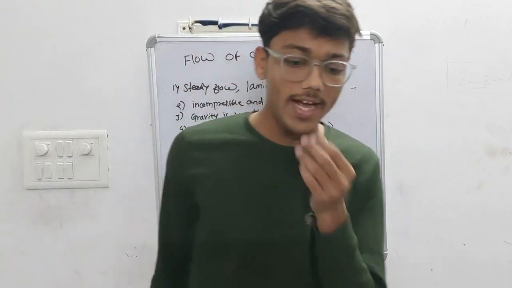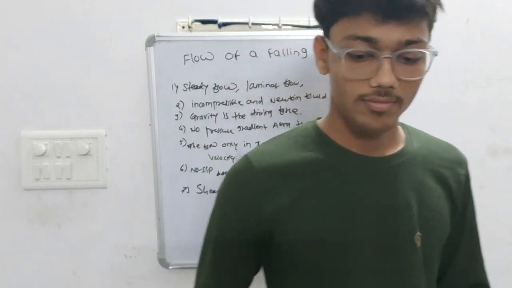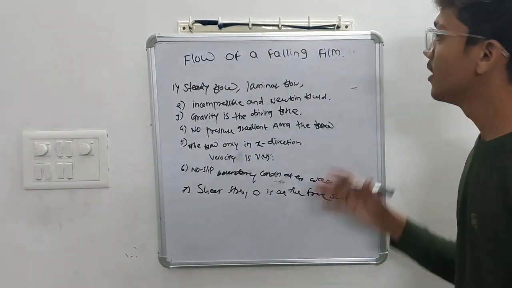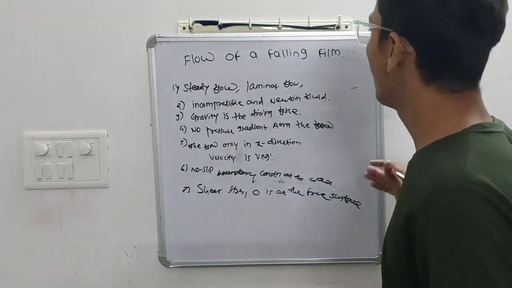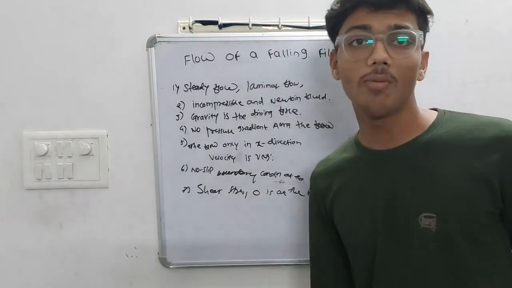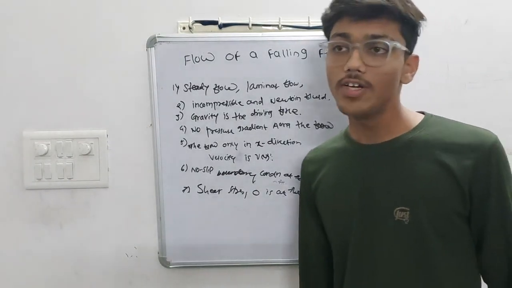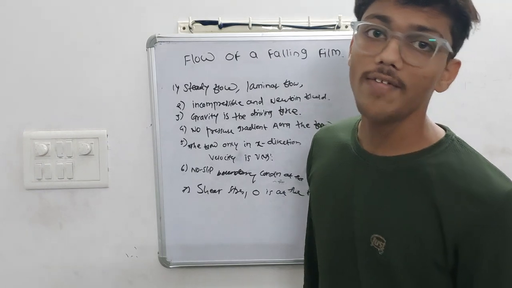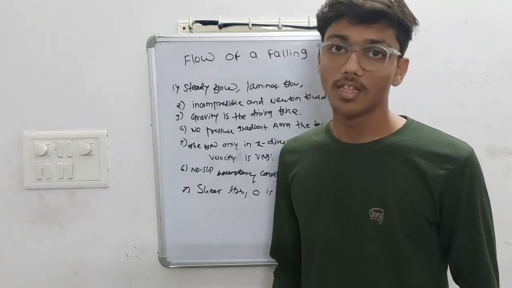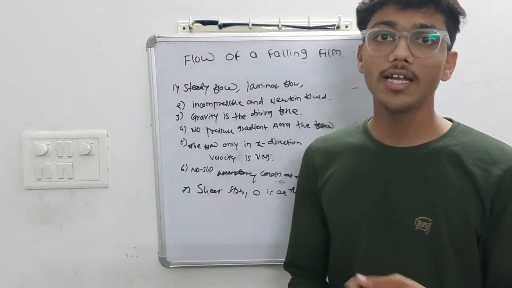So finally, our assumptions are completed. Now we solve the question. This flow of a falling film is solved by the Navier-Stokes equation. Firstly, the Navier-Stokes equation comes in three types: cylindrical, Cartesian, and spherical.